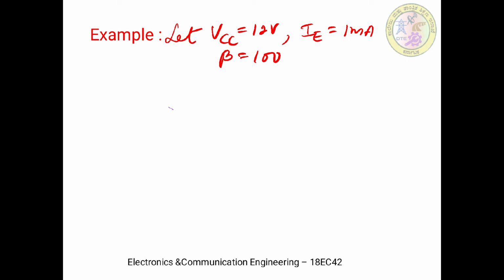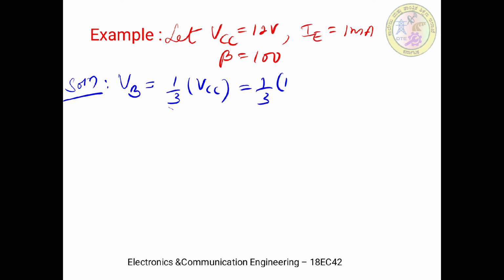So the solution: first our intention is to calculate VB, or VBB. What we have used as a design rule is 1/3 of the VCC. So 1/3 of VCC should fall at VB. 1/3 of VCC is 12 divided by 3, therefore VB is considered as 4 volts.